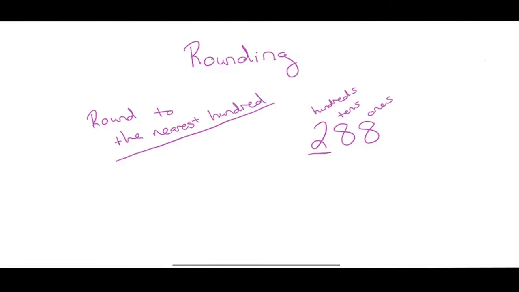So the hundreds place has got a 2 right there. So I look immediately to the right and I ask myself, is that more than 4? Well, 8 is more than 4, so I'm going to add 1 to the 2. So that makes it 3. And then everything else becomes a 0. So if I were to round 288 to the nearest 100, I would get 300.